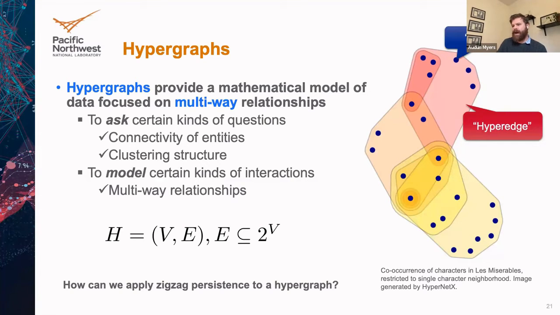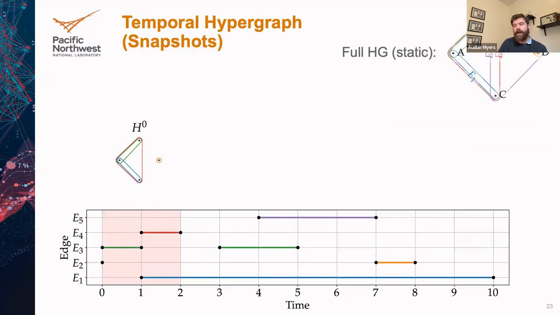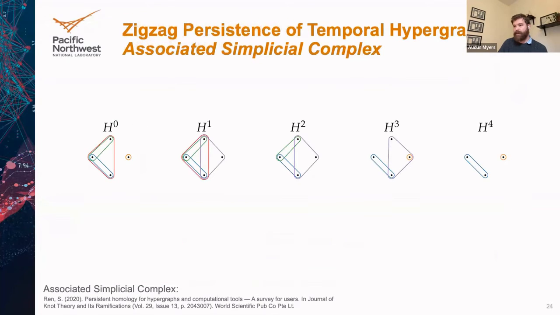So how can we apply zigzag persistence to study these? We can do that in a fairly similar way to temporal graphs. Here I have a temporal hypergraph where each edge has a time period in which it's active. Similar to graphs, I do a sliding window where I get graph snapshots at each window. If I looked at these 5 snapshots, they would show up like this.